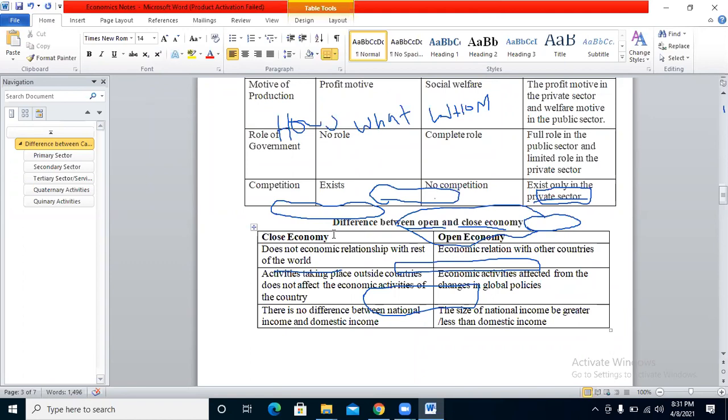So it means that in the closed economy, the economic relationship is not with other countries or the rest of the world.